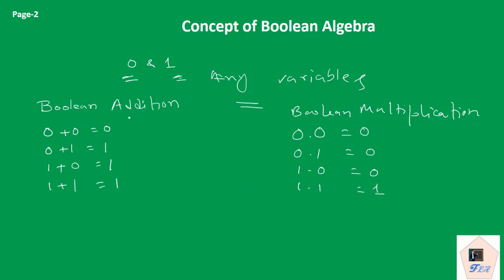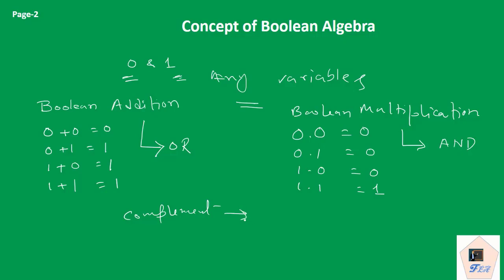Boolean addition for logic operations is popularly known as the OR operation, and Boolean multiplication is considered as the AND operation. Other than the OR operation and AND operation, there is another operation which is called complement.